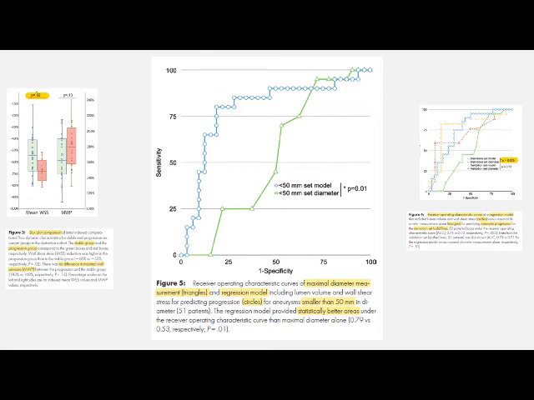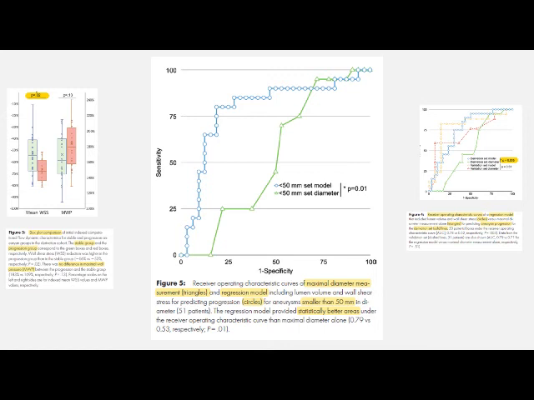This is the model that's using the volume characteristics that they drew from these CT scans. When you compare it with the maximal diameter alone, you have a greater area. So this is basically showing that you're having a better diagnostic value.